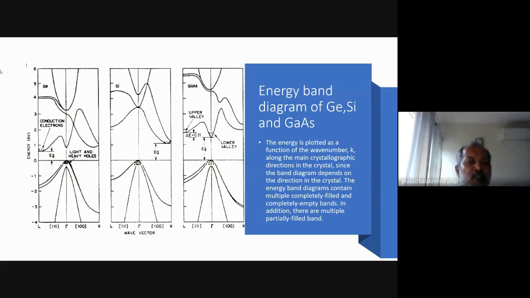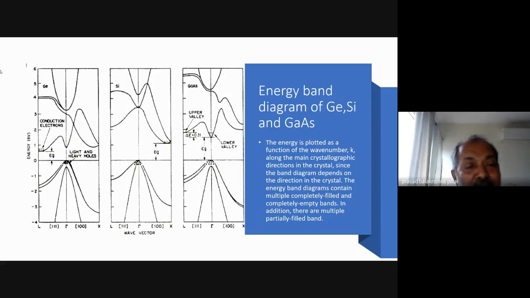Now, coming to band gap. Band gap was mentioned as the energy gap between the conduction band minima and the valence band maxima. In fact, that is the first band gap, because if you look carefully, you will see there are various minima. It's not the only minima and maxima.